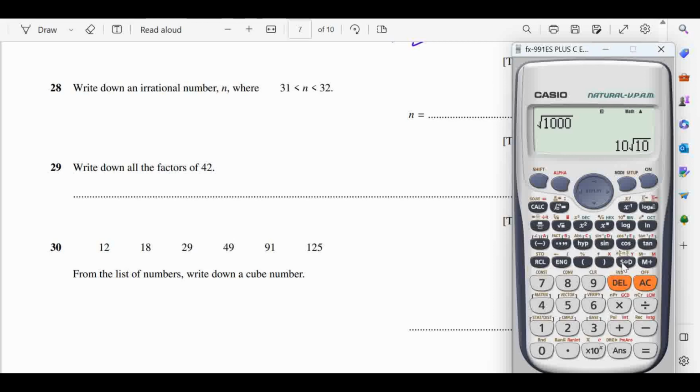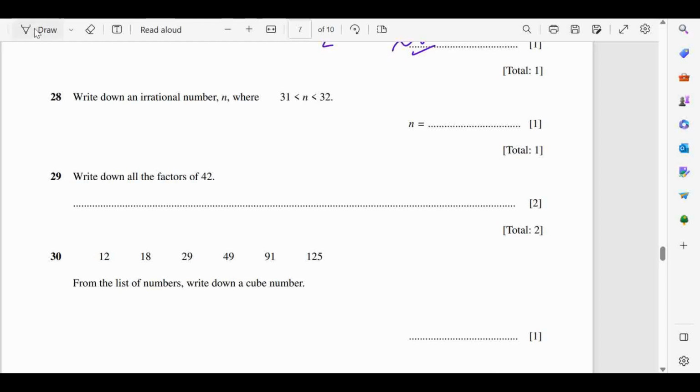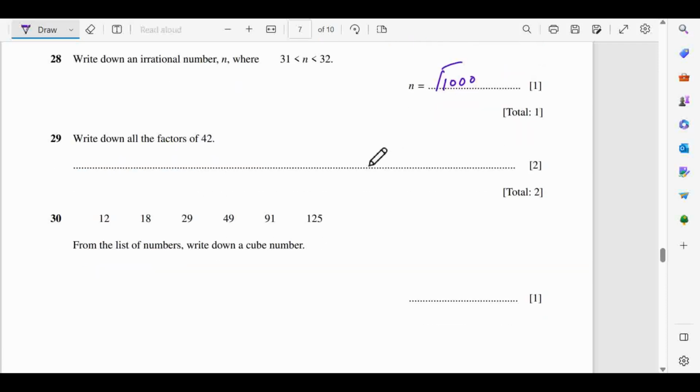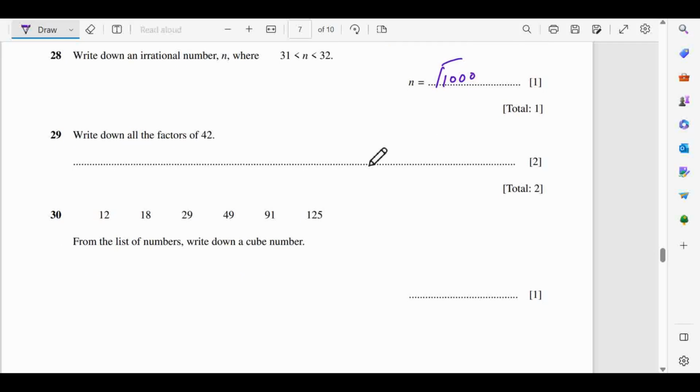As we can see, 1000 is not a perfect square. So that is why 31.6 will be the irrational number. So we can write square root of 1000 as the final answer, because any number under the root will be an irrational number if it is not a perfect square.